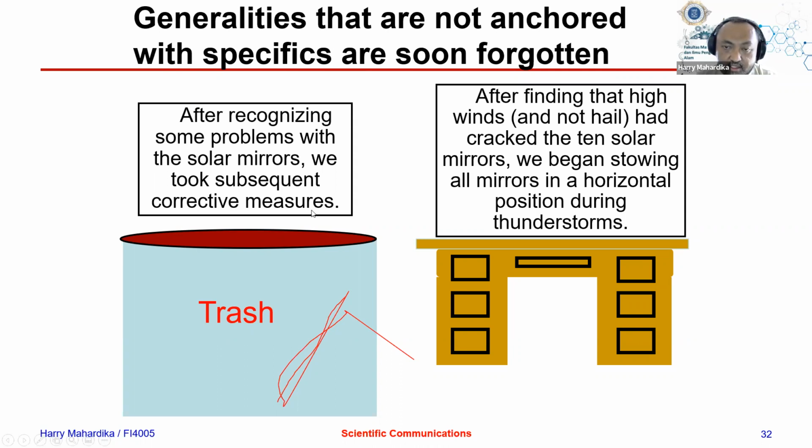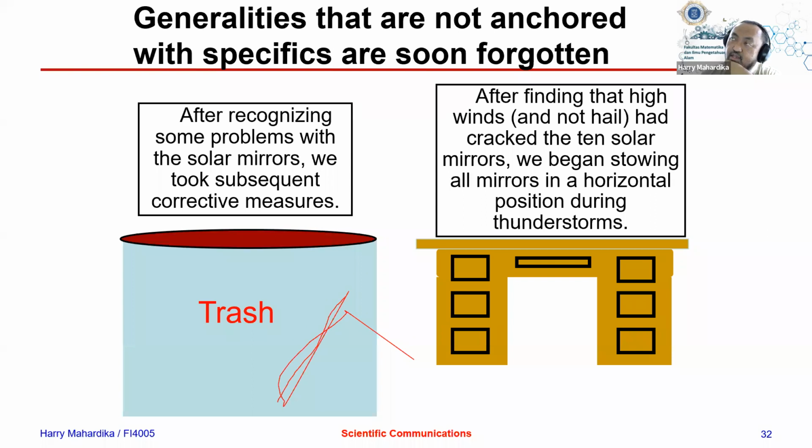So instead of writing like this one, we write like this one: after finding that high winds and not hail had cracked the 10 solar mirrors, we began stowing all mirrors in horizontal position during thunderstorms. So this is the better arrangement compared to the previous one.